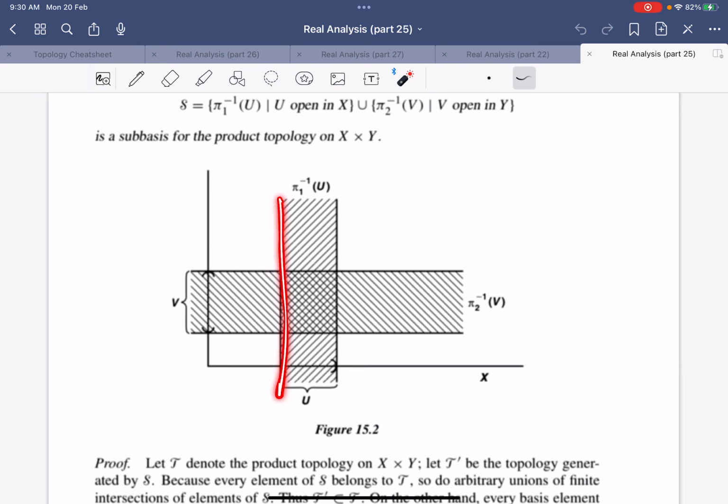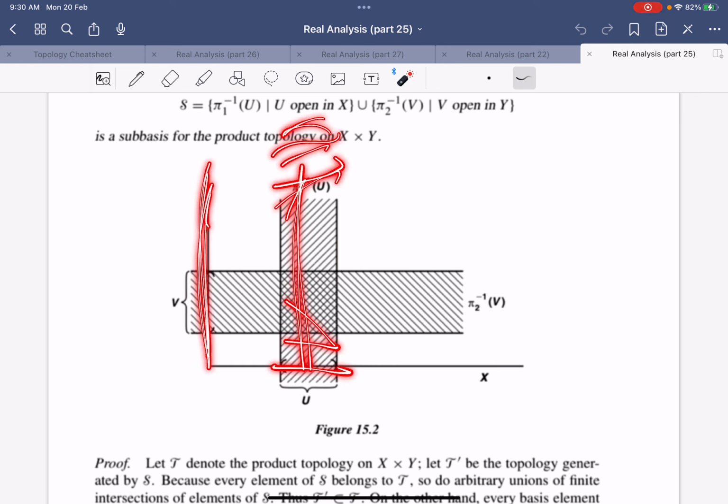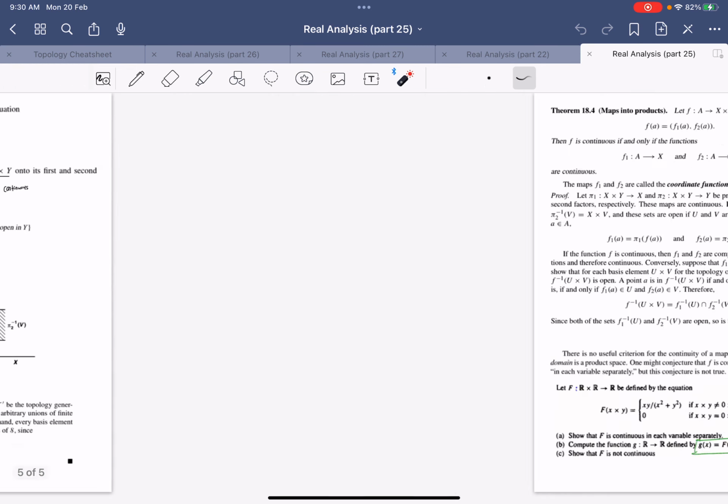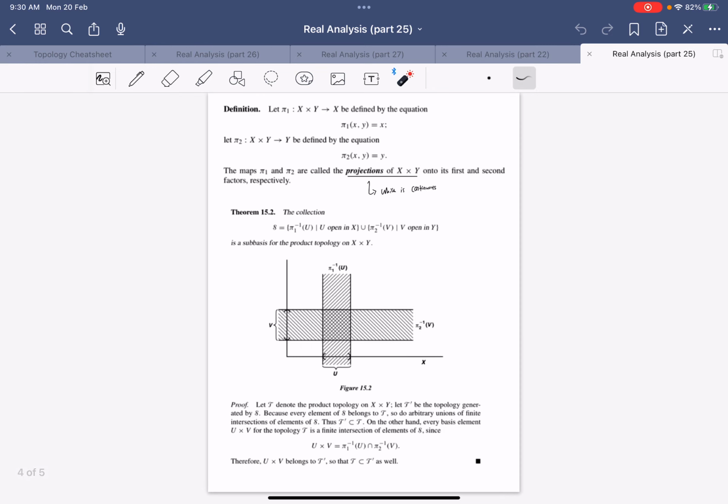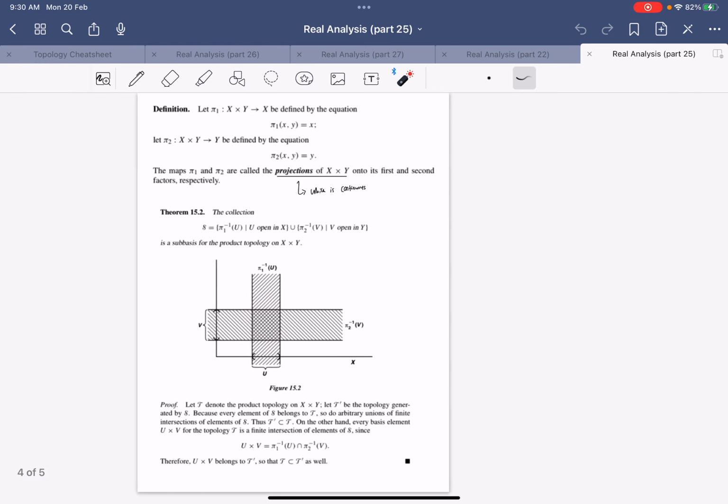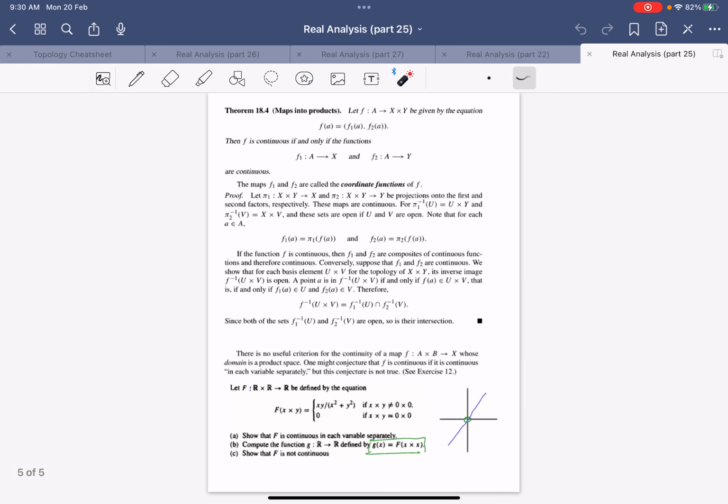When you take the inverse image of an open set in one of the coordinates, it expands into one big rectangle, because the other side is not taken into account, so it just captures everything. Similarly for the other side, you get one horizontal rectangle. And when you intersect them, you still get a rectangle, which is considered open in the product topology. So for product topologies, you can really think of them as rectangles.